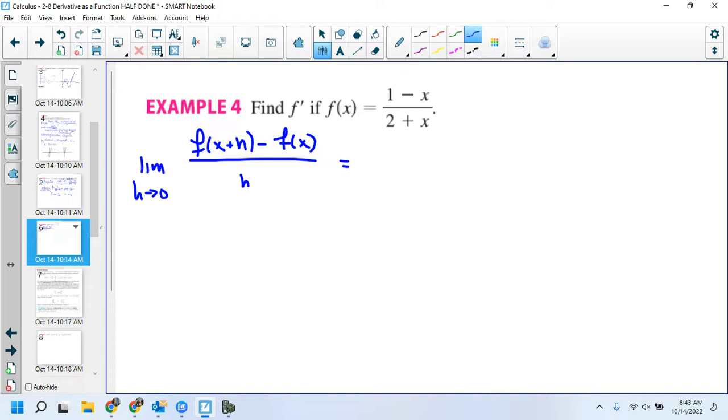The more complicated the function, the more complicated evaluating the derivative. Like, I've got x in both numerator and denominator, and there's operations happening to it.